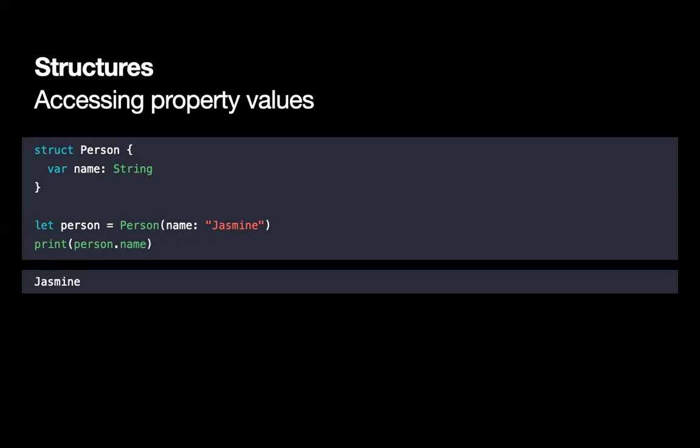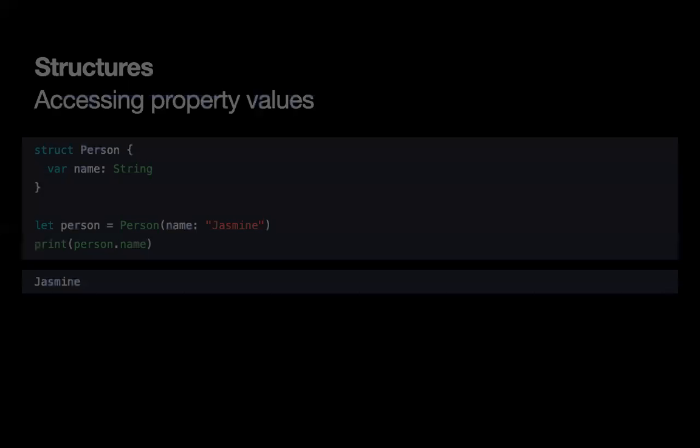You can see we have created the person constant, let person is equal to Person, which calls the struct, and inside the braces we have the name Jasmine. When we want to print that, you have to use the instance name dot property name.